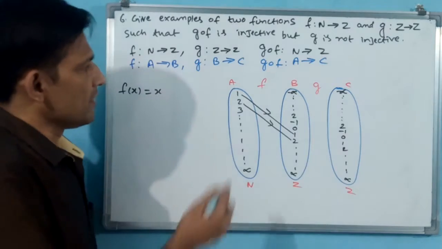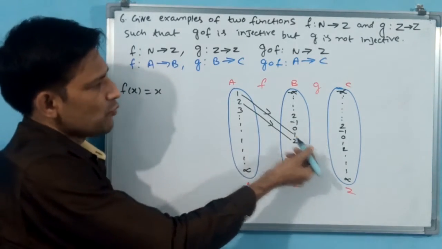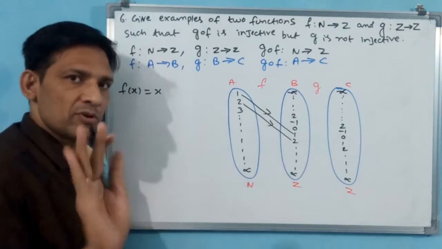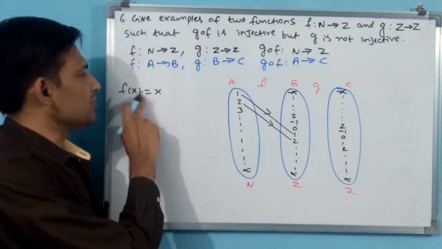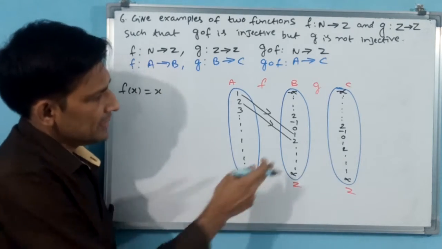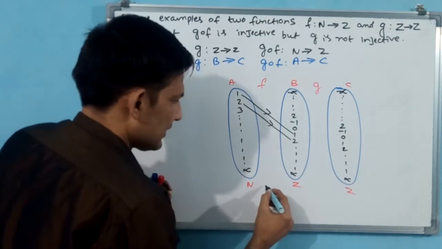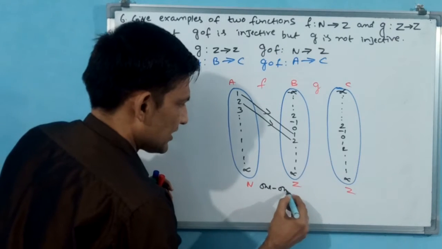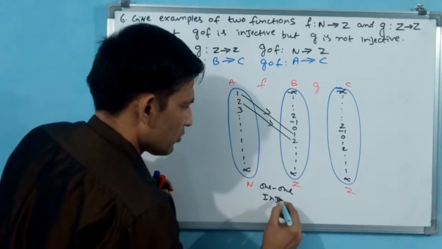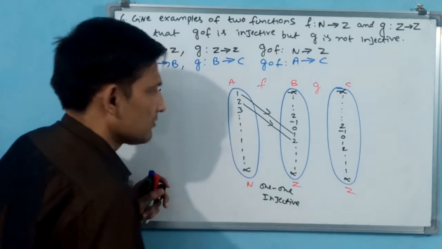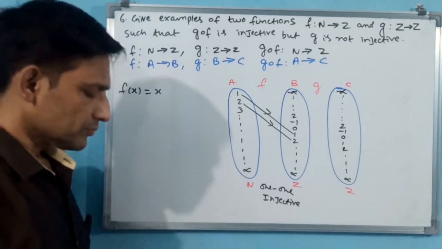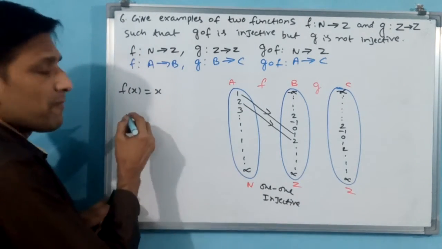You see here 1 to 1, that's all. If you go back, there will be no another connection. Why? Because x equal to x should become. That is why this is one-one. You write one-one, injective. Both are same. Okay, as we know. Okay, now g of x.